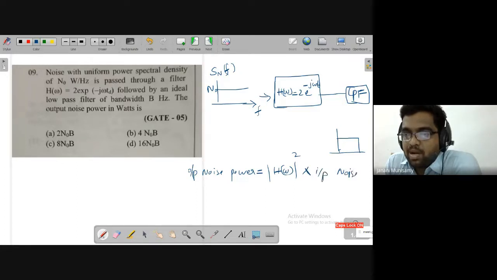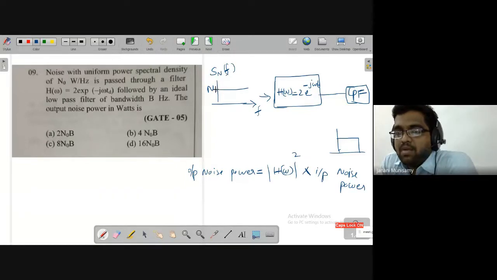So simply this N0 will be multiplied by 4, and I will get 4 N0. Again, this frequency extends from minus infinity to plus infinity, or from 0 to infinity. Now N0 has become 4 N0.